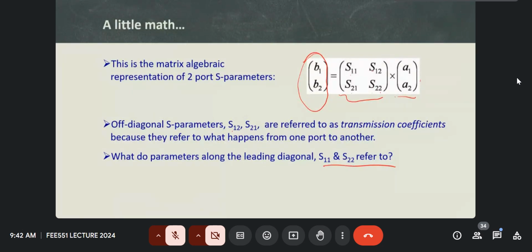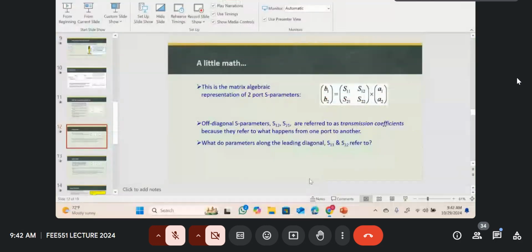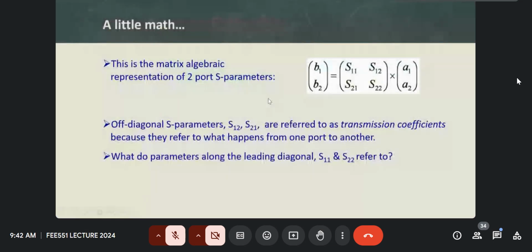Maybe someone could tell me, Kimaiga Rebecca, what are S11 and S22 referring to? Okay, someone could tell me what S11 and S22 refer to.